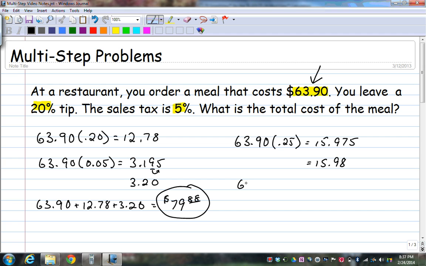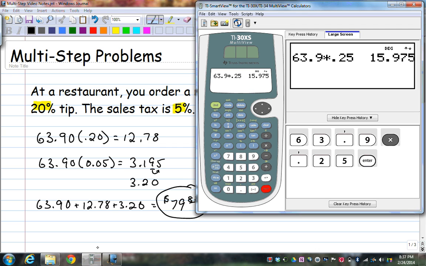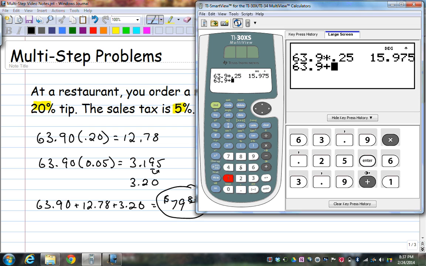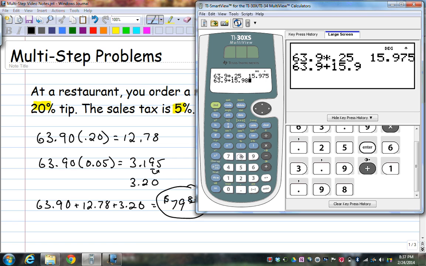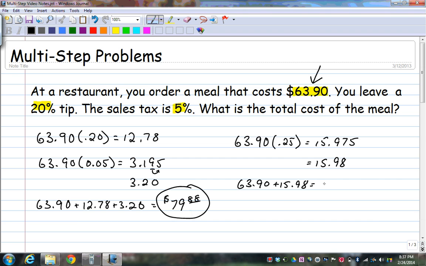So then what I do is take 63.90 plus the 15.98. So I have 63.9 plus 15.98. And that is $79.88, the exact same price.